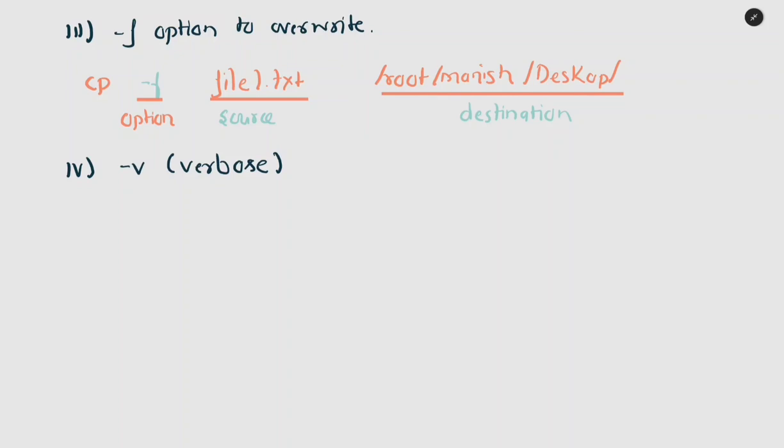So okay, let's see how this -v option works with an example. Let's say I want to copy my dump file, cp -v m1.sql, and I want to copy it to the backup folder.